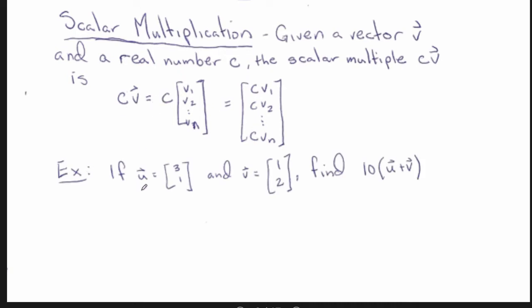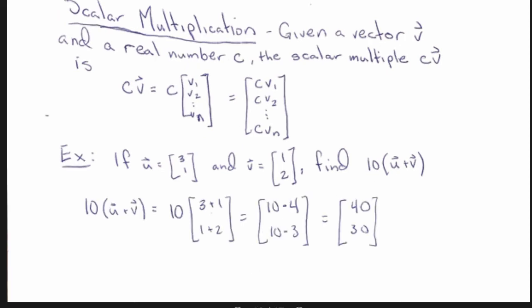So we can put those together. Suppose that I have some concrete examples. If u is (3, 1) and v is (1, 2), like the vectors that we worked with in class, and I want to find 10 times (u plus v). So a scalar multiple times vector addition. Then 10 times (u plus v) is going to be 10 times (3 plus 1, 1 plus 2).